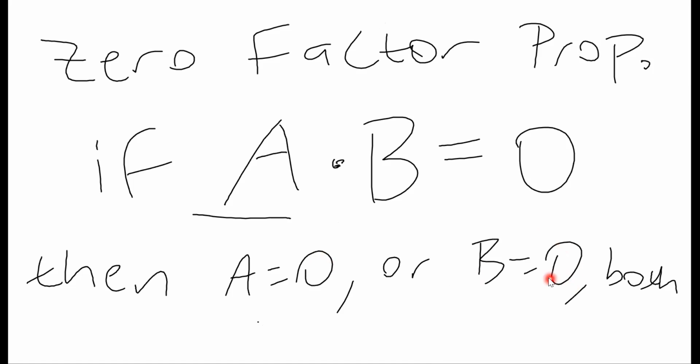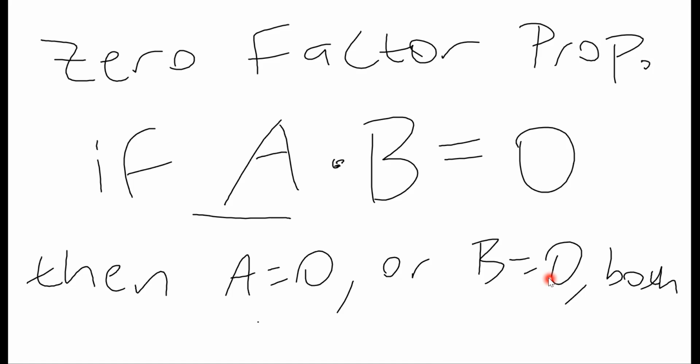And you'll notice that it's not based on any higher level. We're just kind of reasoning here. We're just reasoning about the basics behind numbers. Well, it turns out then you can extend that. If you had A times B times C times D equals 0, if you had 4 different factors in there, that's okay.